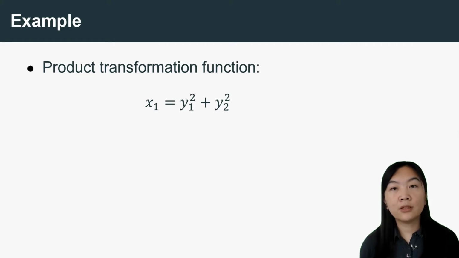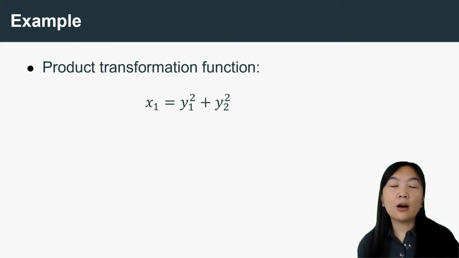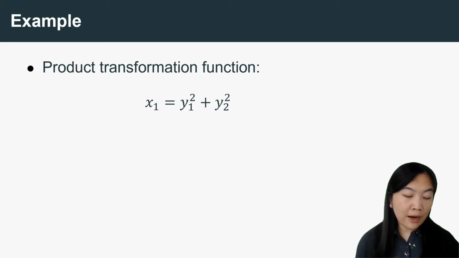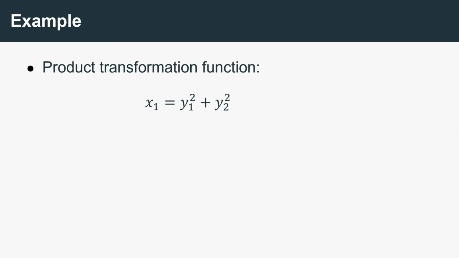So again, let's use the same example to derive the profit maximization. Suppose this is your product transformation function and you're given P1, P2, and R1, the output prices of those two outputs and the input price. Those are all given, and you are trying to find a combination of outputs that will lead to profit maximization.